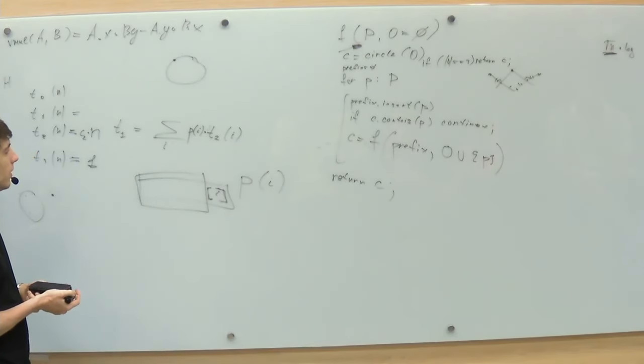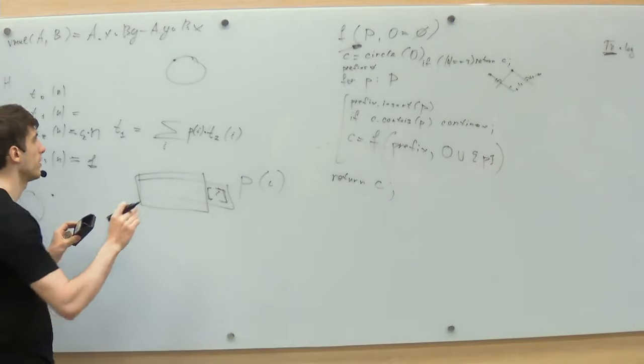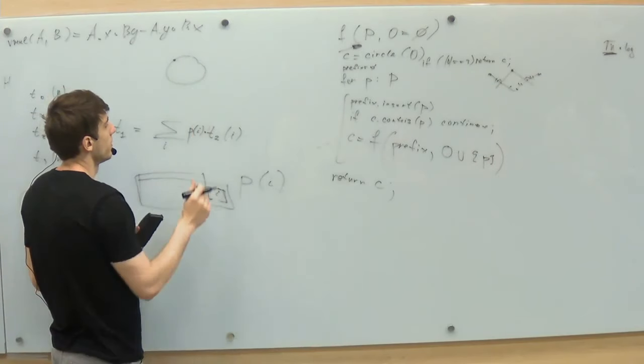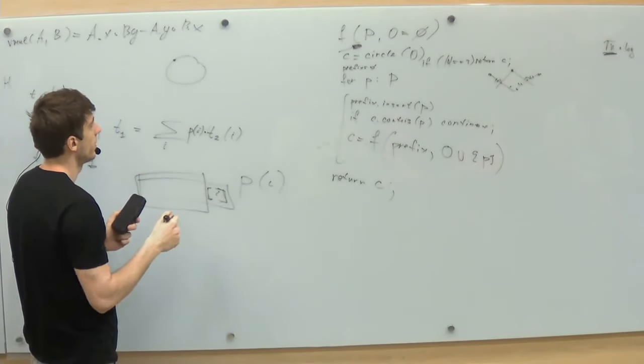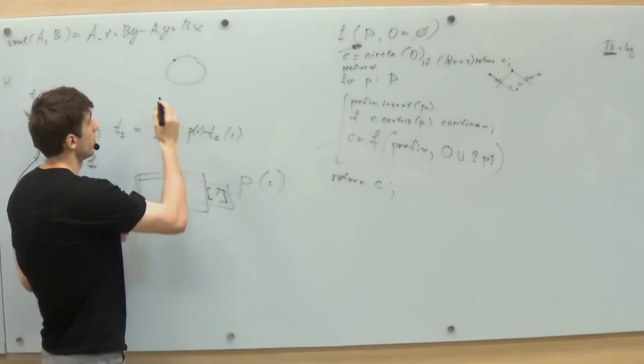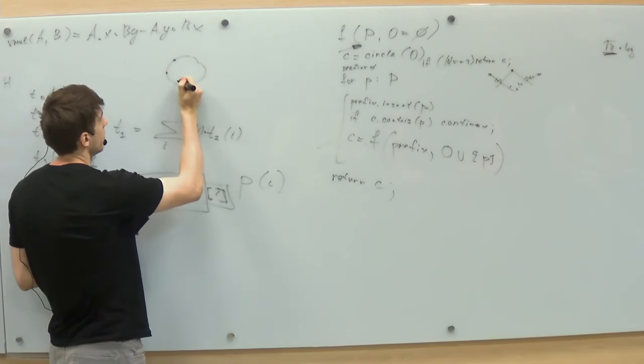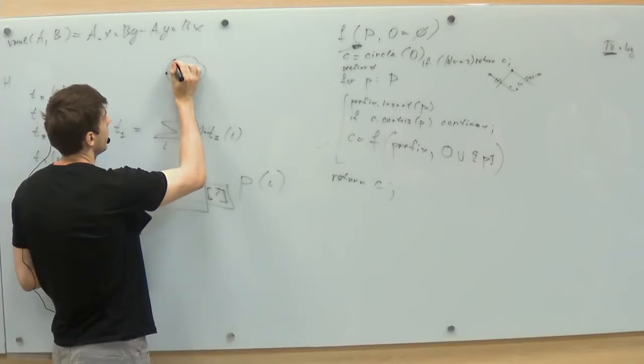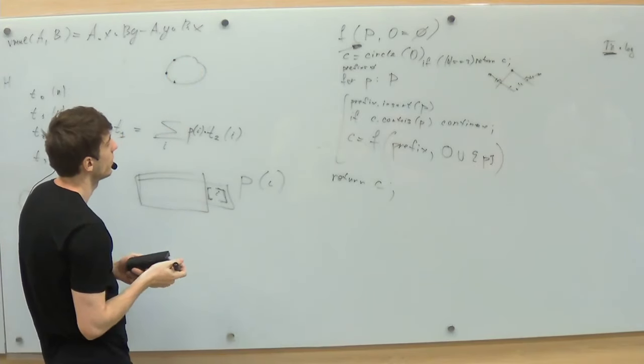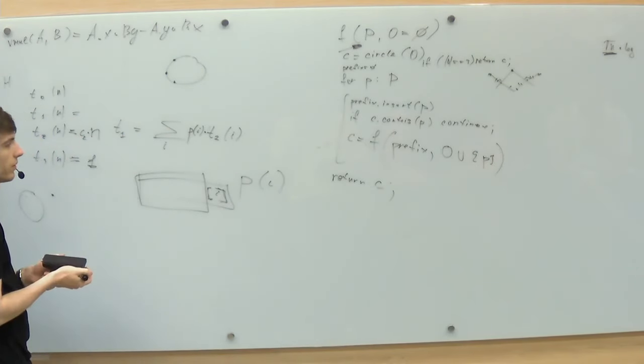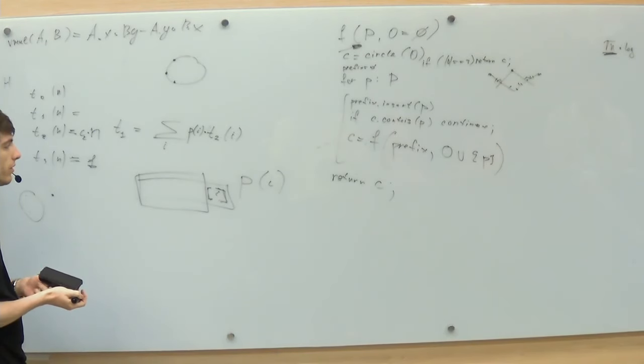Let's just suppose that there is no case where there are more than 3 points on the circle. So our circle can always contain 3 points at maximum on its boundary.